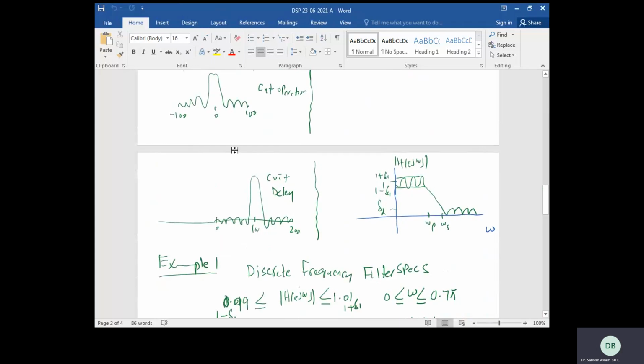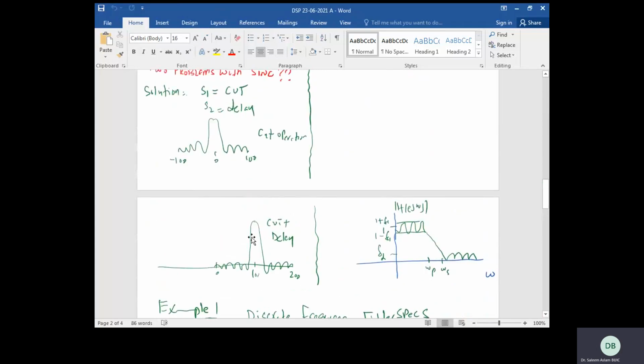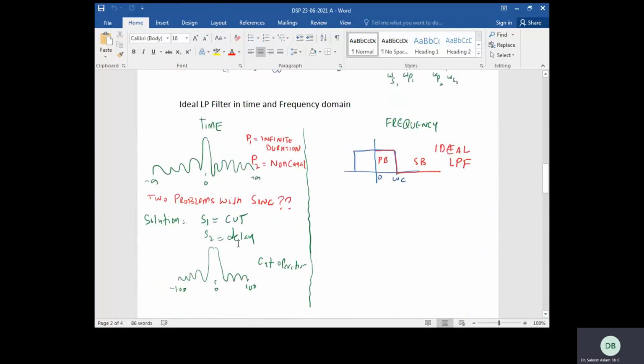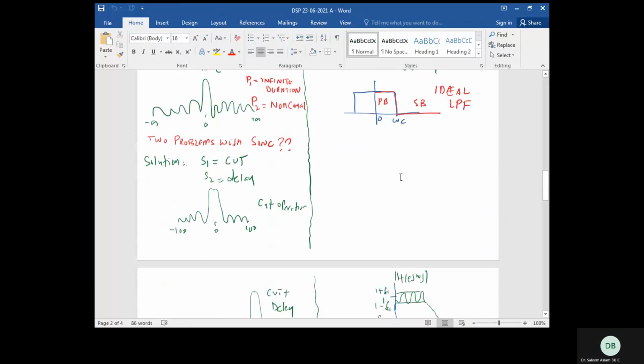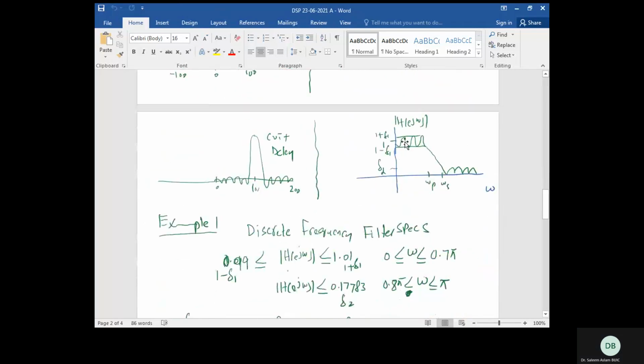But when you perform the cut and delay operation, what will happen in the frequency domain? That's really important. In the ideal case, from -infinity to infinity, we have this sort of situation. But when we cut it and delay it, we have a situation like this. We can see ripples or fluctuation in the pass band, and ripples and fluctuation in the stop band.